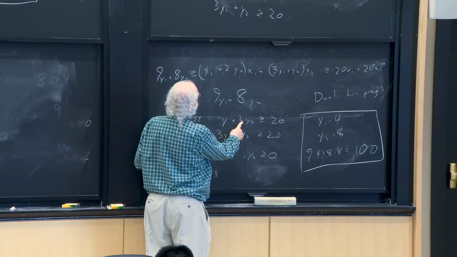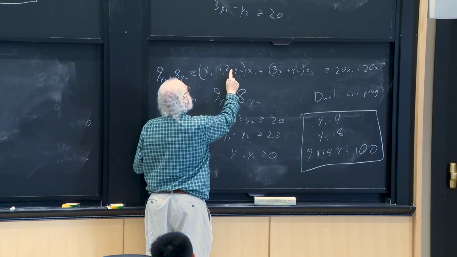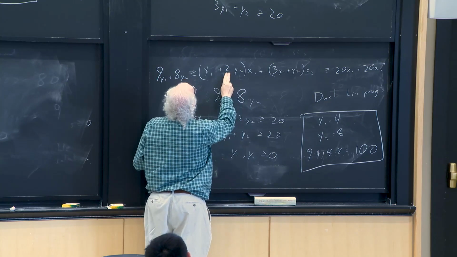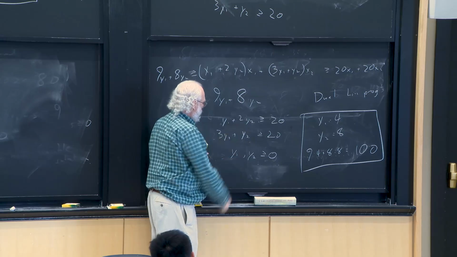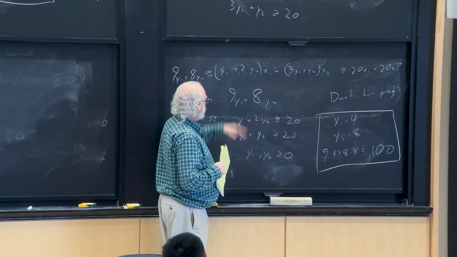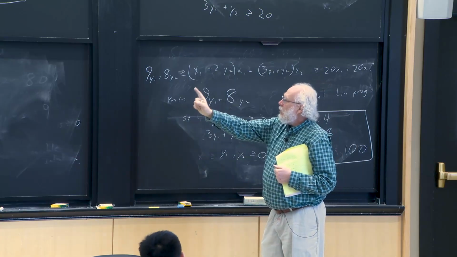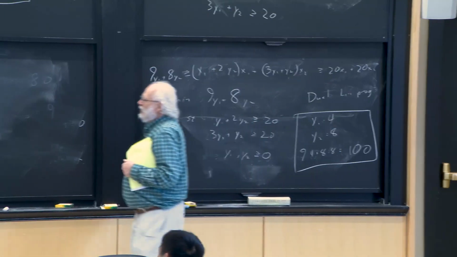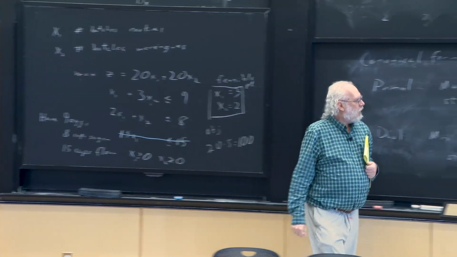And this 2 came from the A2,1 entry of A, and now it's the A1,2 entry of the new A. So this matrix is just the transpose of the original.